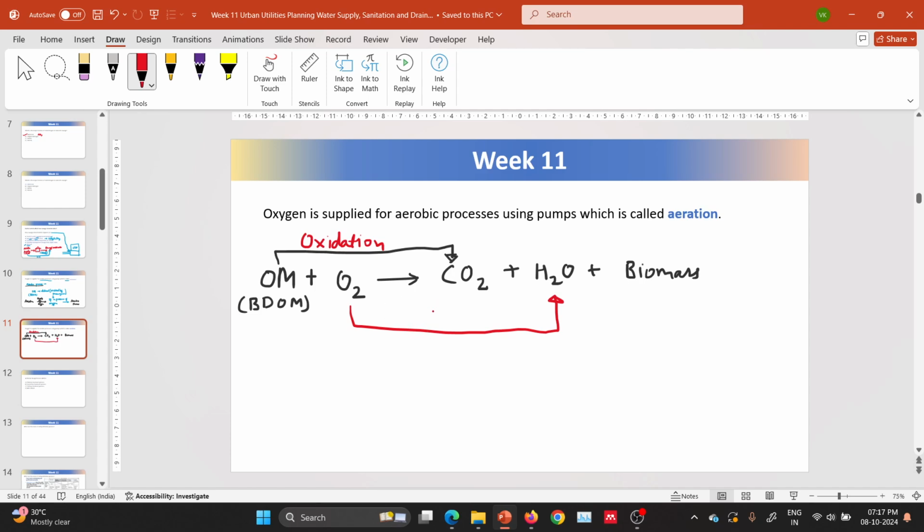The oxygen is getting reduced to H2O. This is called reduction. The organic matter is getting oxidized, so organic matter is the electron donor, and oxygen here is the electron acceptor.